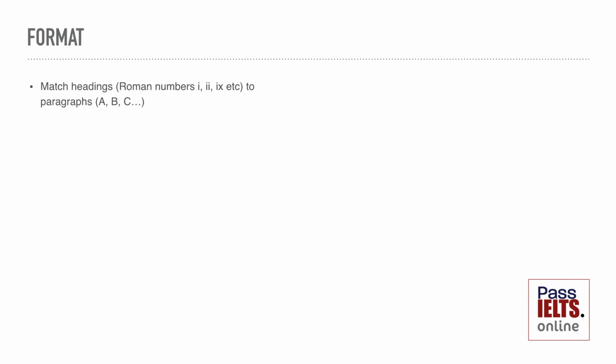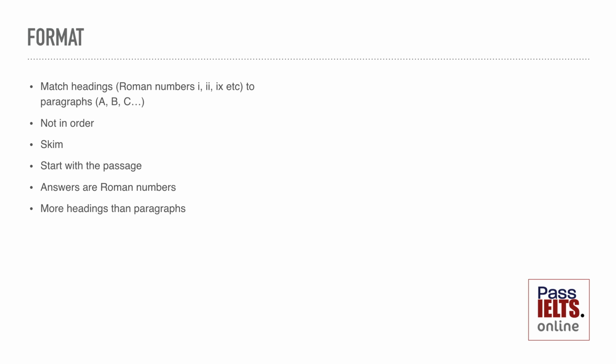The format of this type of question is to match headings, which are labelled with Roman numbers, to paragraphs which are numbered with letters. The questions and the answers are not in order. You will have to skim and you start with the passage. The answers are the Roman numbers.